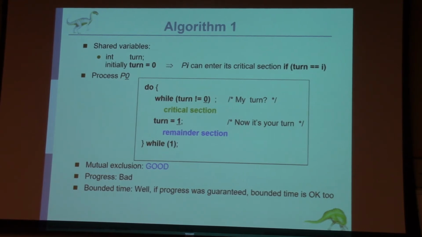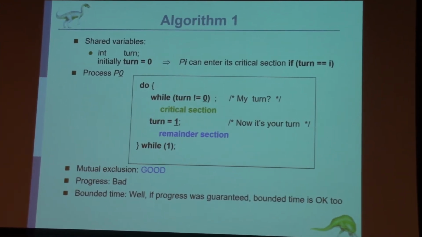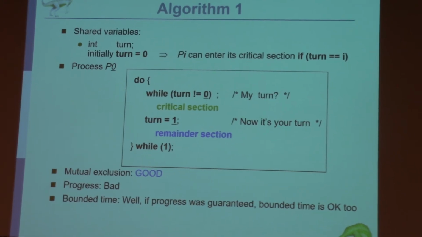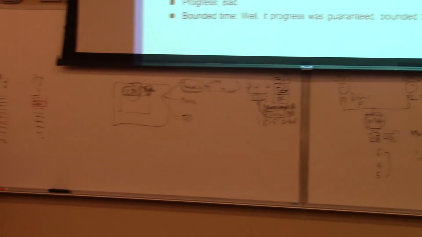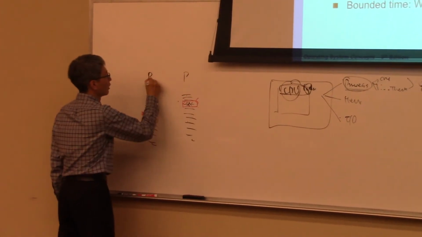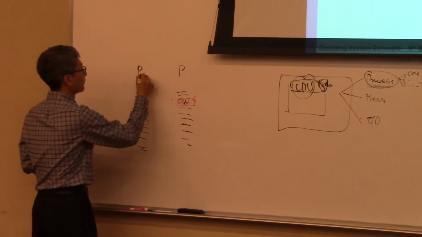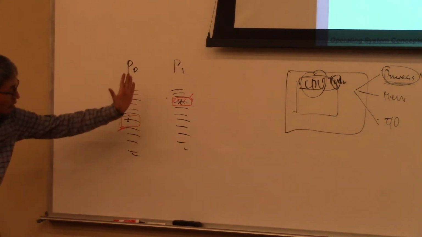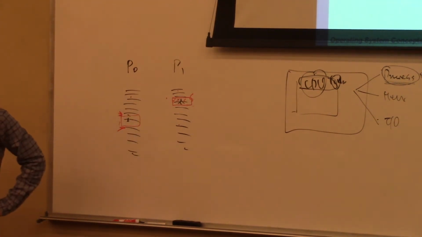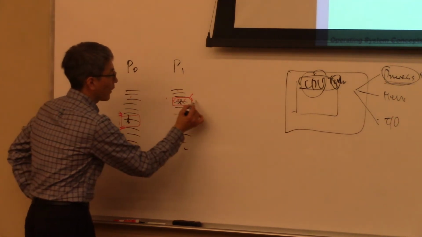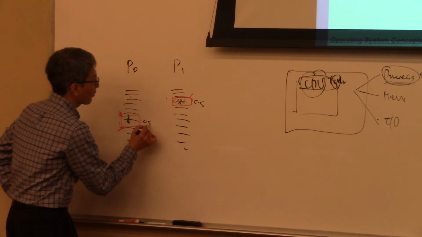So for example, in this case we have the two process case. Let's say process 0 and process 1. Okay? They are executing different instructions, but they are using the shared data I. So we define this as a critical section, and this is also a critical section.